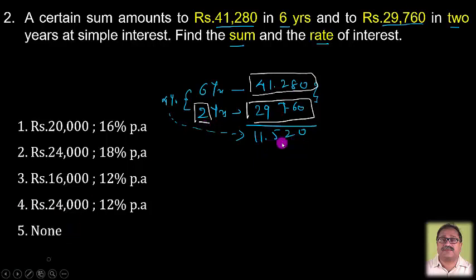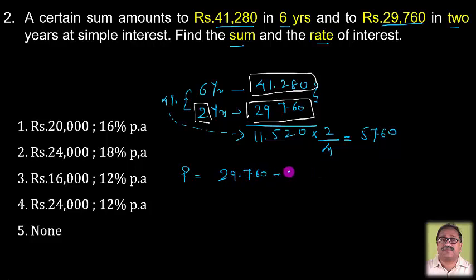I need 2 years interest, so 11,520 into 2, and the given interest is 4 years, so divided by 4. So I get the 1 year interest as 5,760. Now this 2 years interest is subtracted from this amount, I will get the sum. So P is equal to 29,760 minus 5,760, which gives us 24,000.